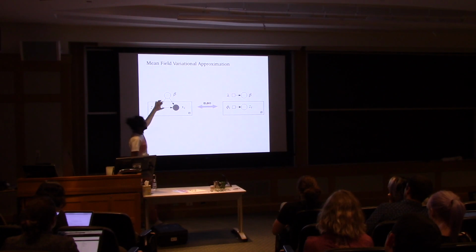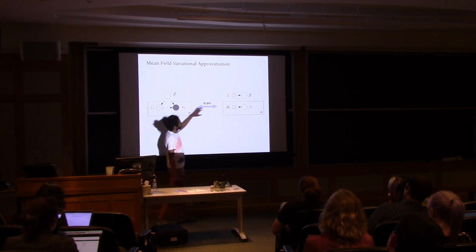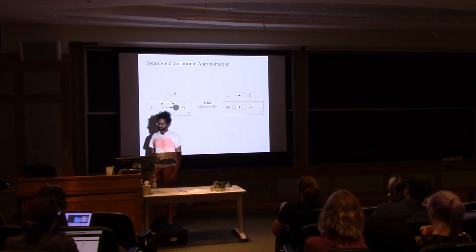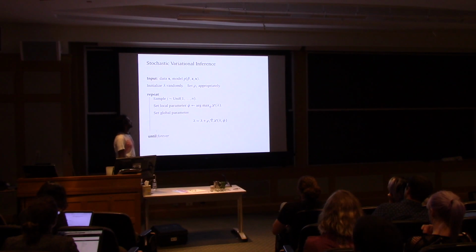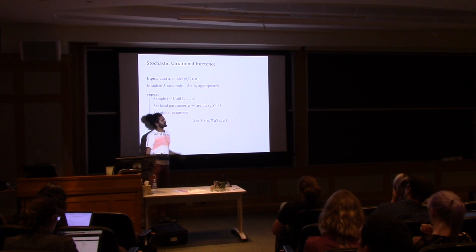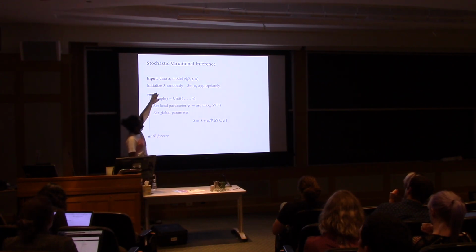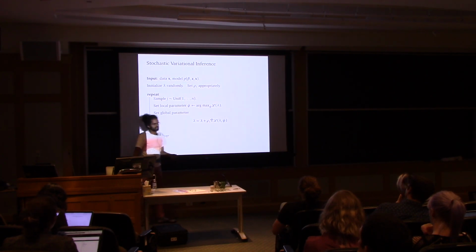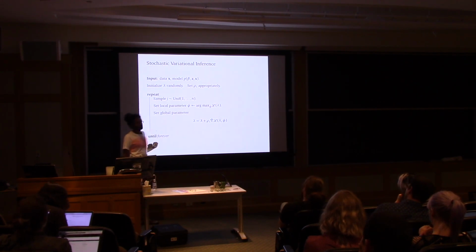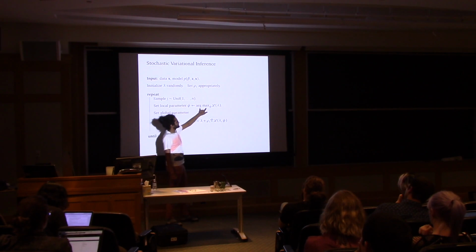And we have an approximation, which says that if this is our model, you're going to choose a very simple variational approximation where everything is factorized. And we can get an algorithm now that's super scalable using the same principles. If I have a model that's a joint distribution over global structure, local structure, and data, I can choose some variational approximation parameters randomly at initialization, pick a learning rate, and instead of using all of my data at once, I can sample a single data point and find the best local approximation for that data point.